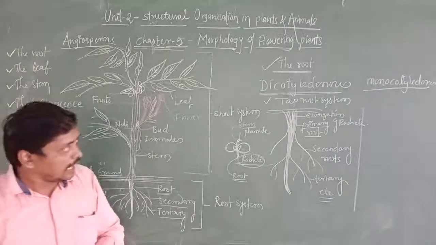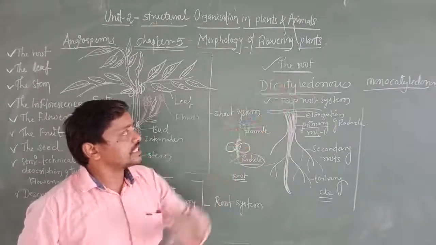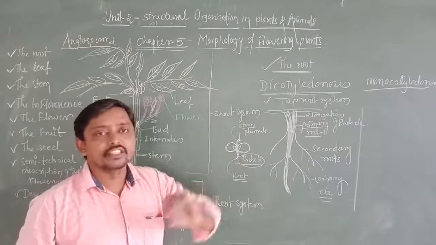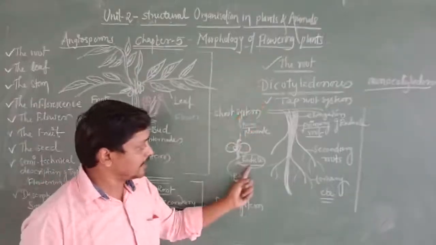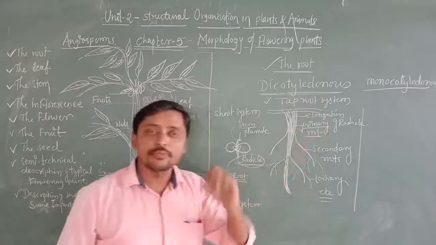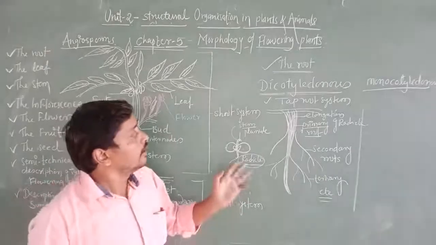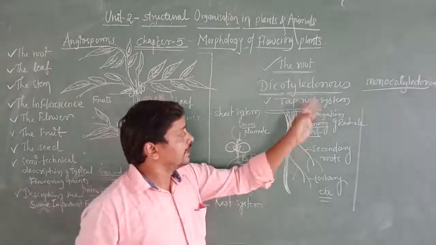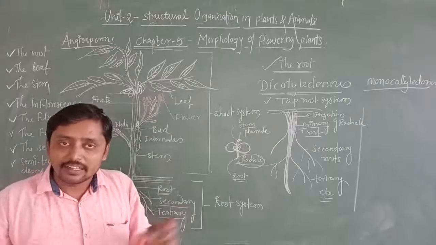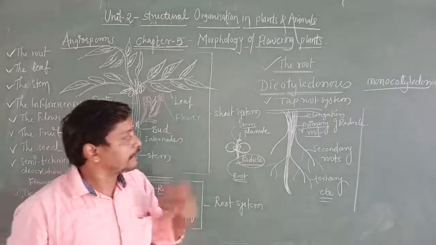Okay. Now here the taproot system is present in dicotyledonous plants. This you are going to remember. The radicle directly elongates into the soil, and that leads to the formation of primary roots. Afterwards the lateral branches develop on the primary root.